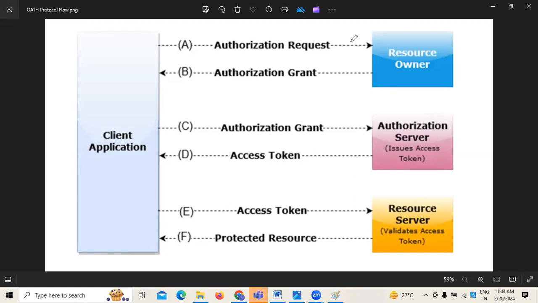At the same time, whenever an access token is validated by the resource server, the protected resources have to be validated, and the server will send a request back to the application when required. This is the OAuth protocol flow which we normally follow. Clear, Aishwarya? Understood? Yes, sir. Right, so this is the OAuth protocol flow.